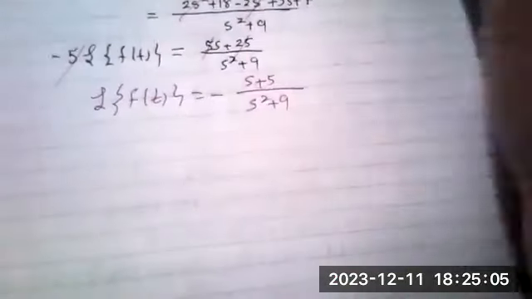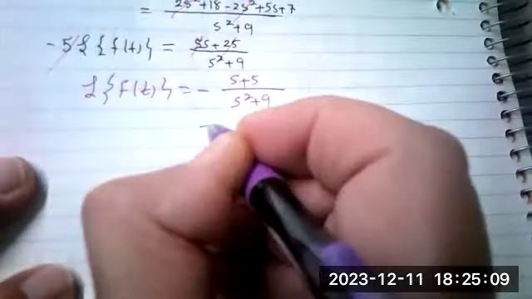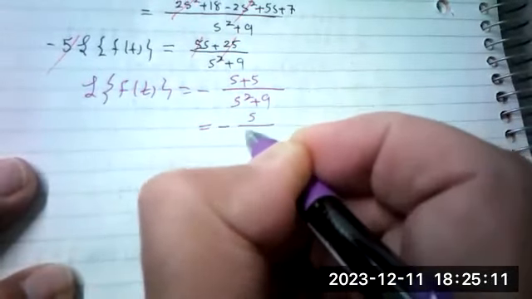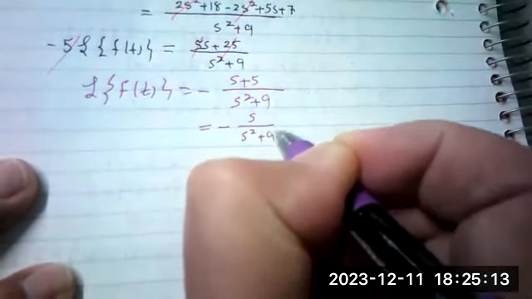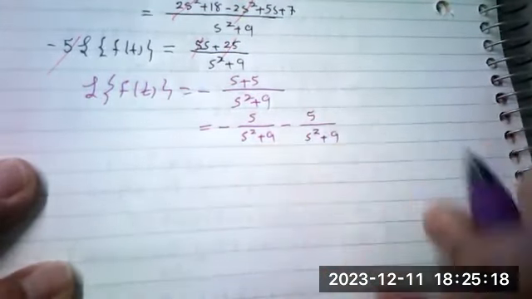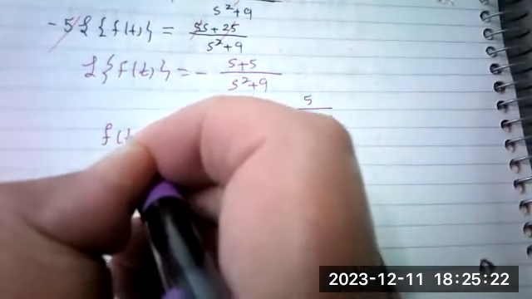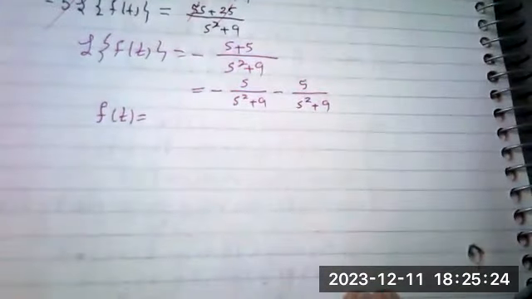Any question? This can be easily handled. So it's going to be negative s over s squared plus 9 minus 5 over s squared plus 9. Now the Laplace inverse. So f of t, which one?